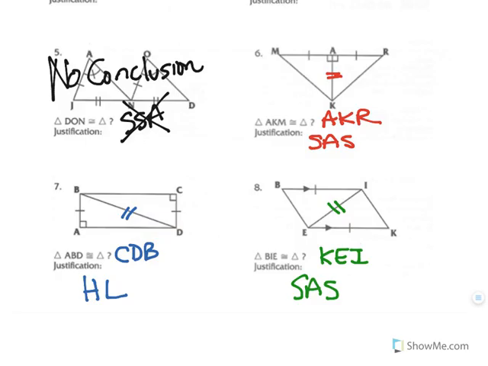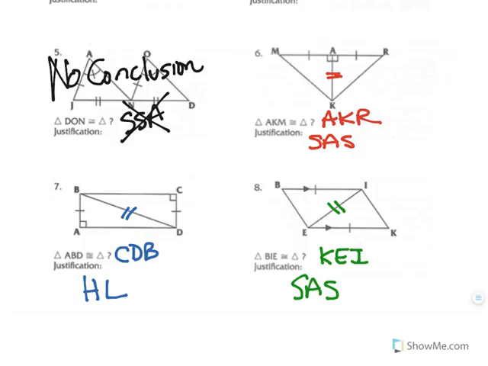And again, reflexive property on number 7. And so we do HL, hypotenuse leg. And then on number 8, triangle BIE is congruent with triangle KEI, and that's by side, angle, side. And how do we know that these angles are congruent?